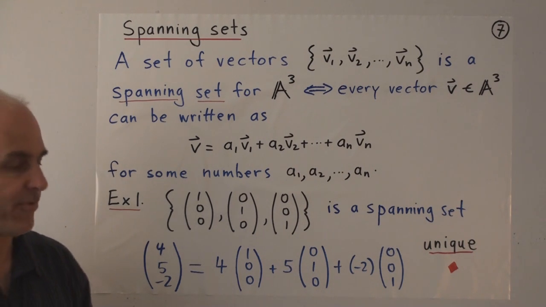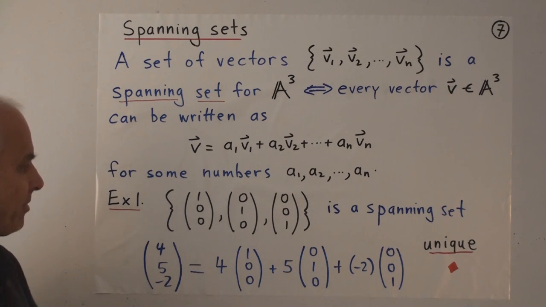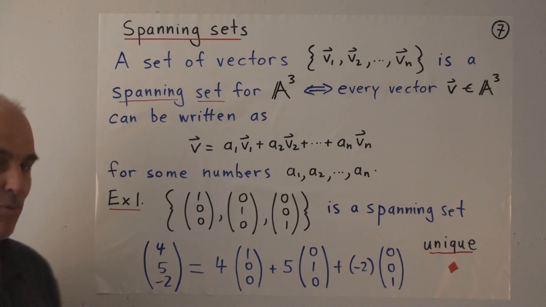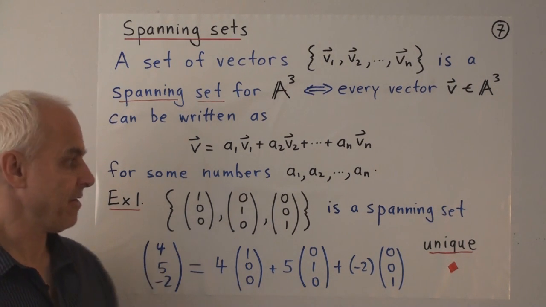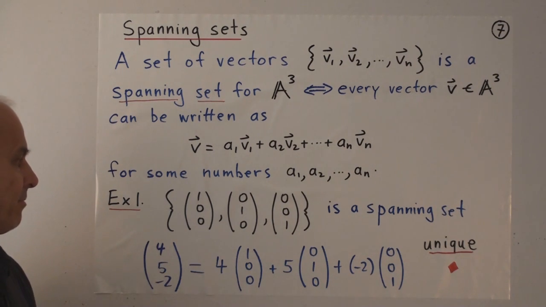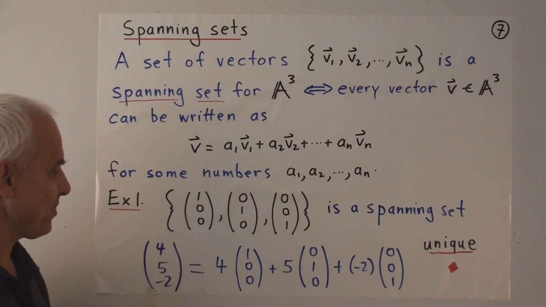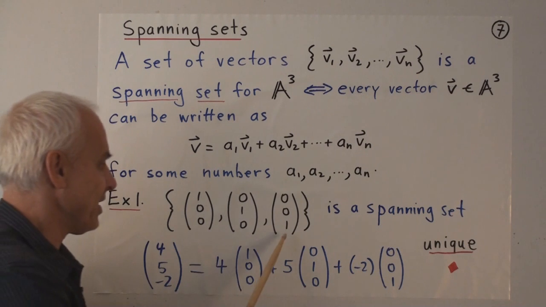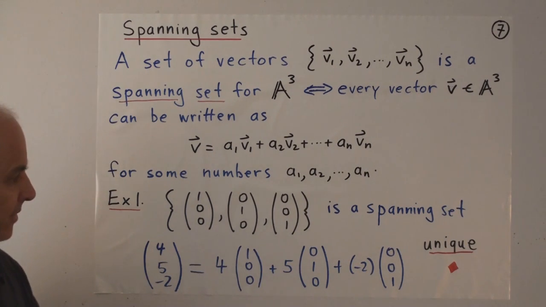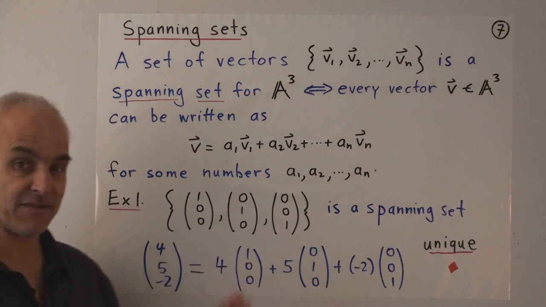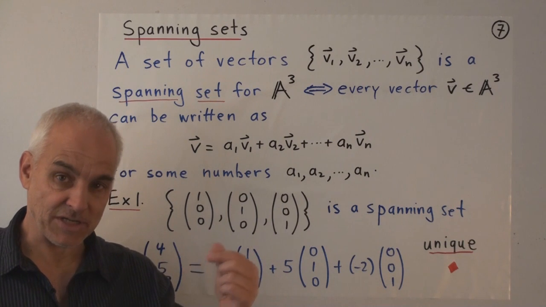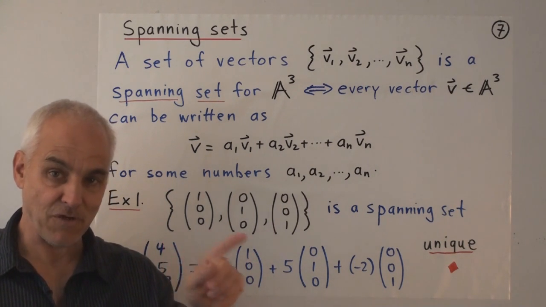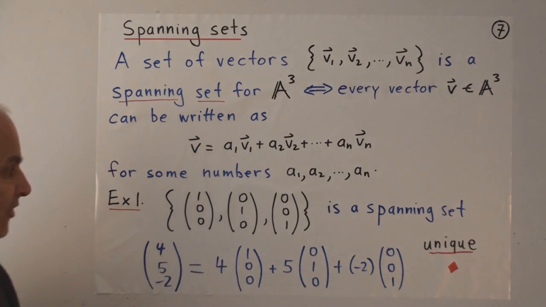Let's look at some examples. First example. It's the most important example because this is your typical best spanning set. The vectors 1, 0, 0, 0, 1, 0, 0, 0, 1. You recognize the 3 basis vectors, the vectors which are just one component in each of the 3 coordinate directions.